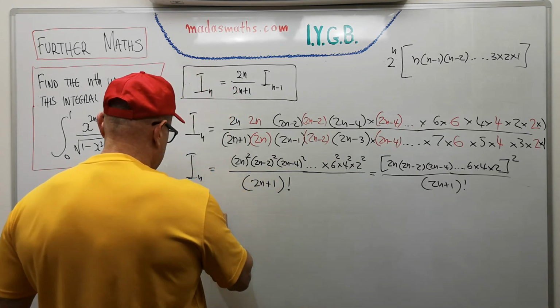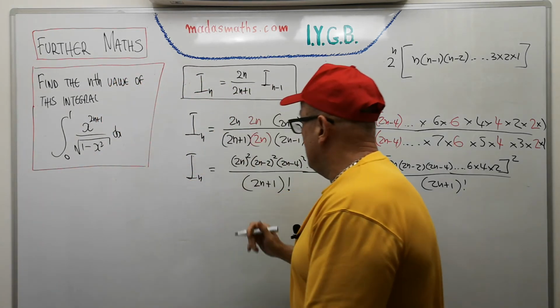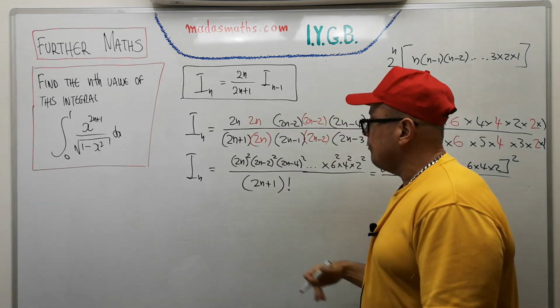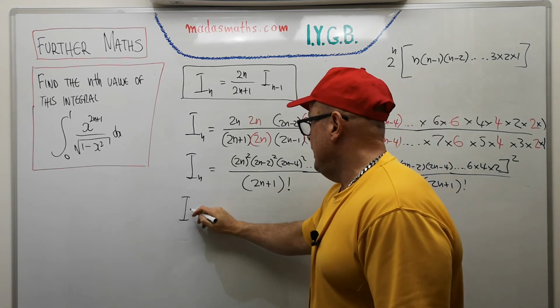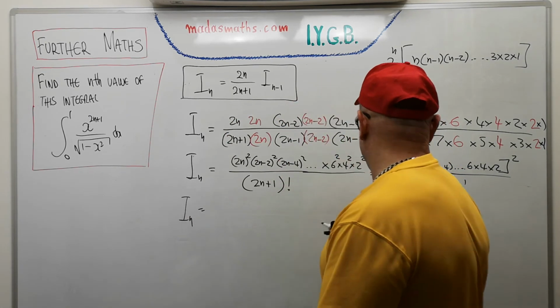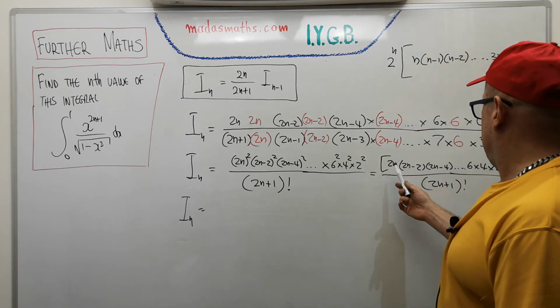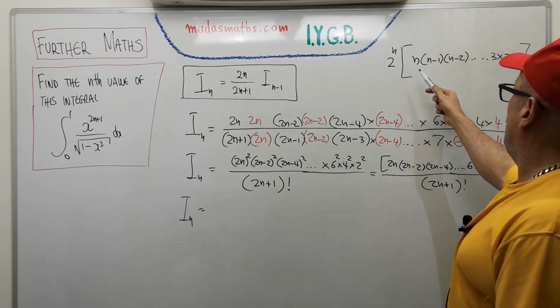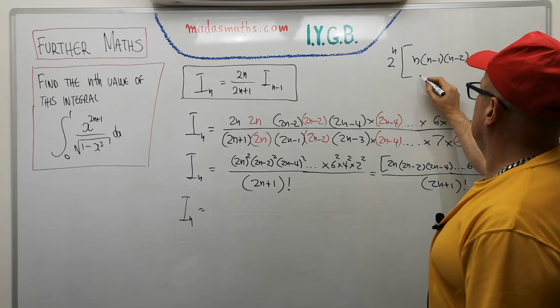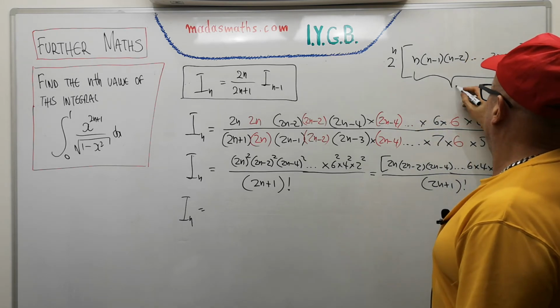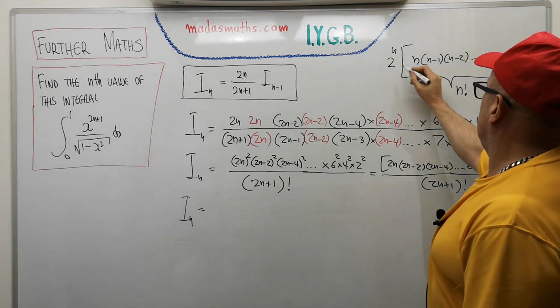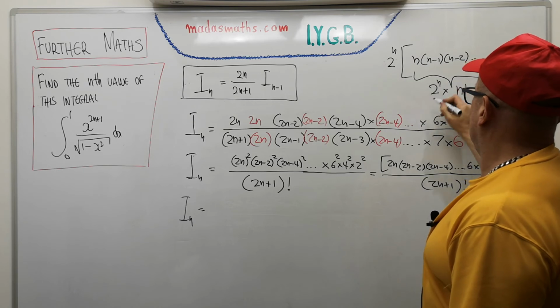So let me just write it here. I'm going to have I_n is equal to this quantity, which is all of this. And of course, what is that? That is of course an n factorial, and this is a 2 to the n in front of it.